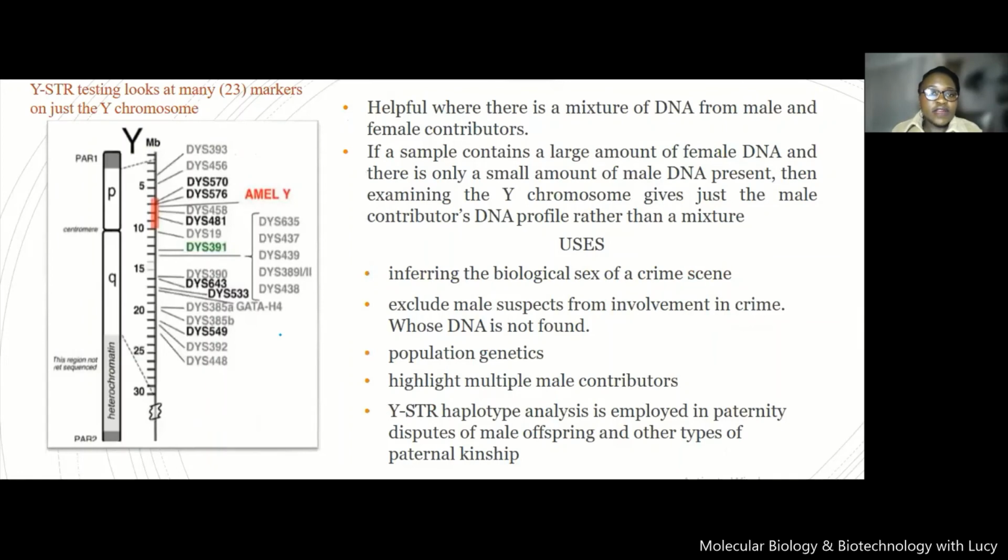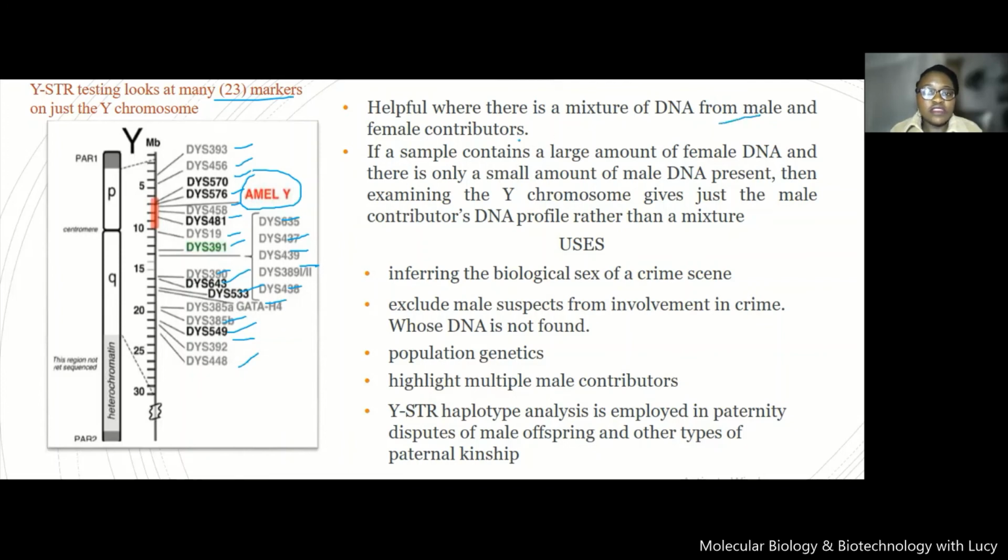So here is the Y chromosome. It has quite a lot of markers, 23 markers. Here they are, 23 markers. So this is your Y chromosome. It includes now even the amel Y, amelogenin Y, and all these other markers can be used. These are other short tandem repeats that you can utilize when it comes to identifying if a sample has any male contribution, okay?